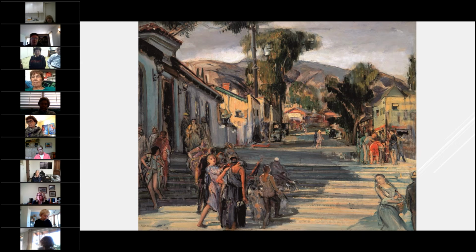This is very modern. This is 1930. So you see that if you look at the forms, look at the trees, look at the figures, there's a little bit of modernism here. And we think that that's because of his trip to Europe.